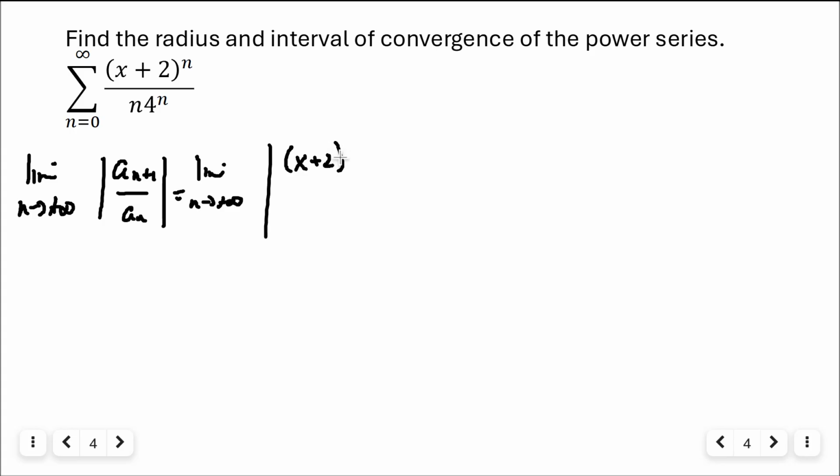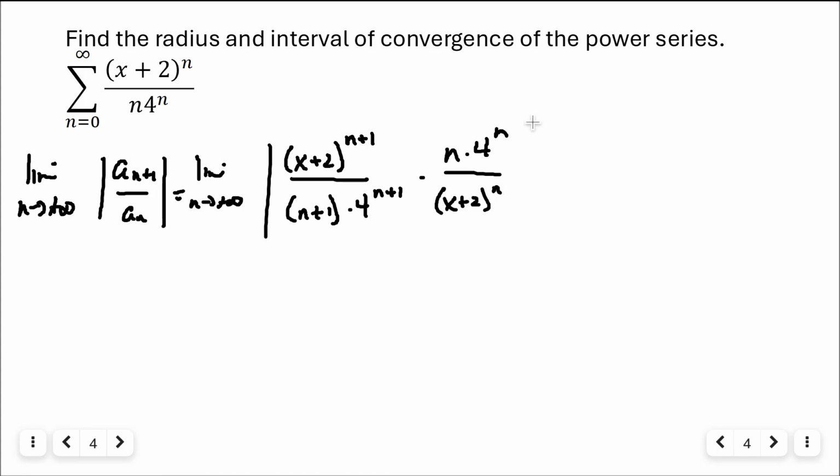So that stays x plus 2 to the n plus 1, over n becomes n plus 1, 4 to the n becomes 4 to the n plus 1. Times, remember a sub n goes on the bottom, so it gets flipped up. So it's n times 4 to the n over x plus 2 to the n. All right, so far so good.